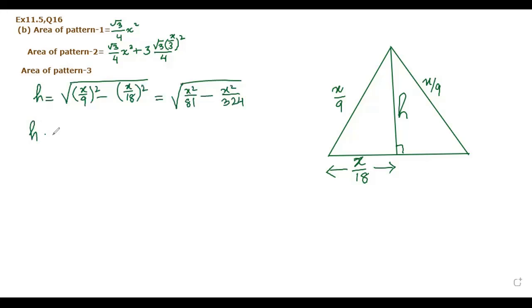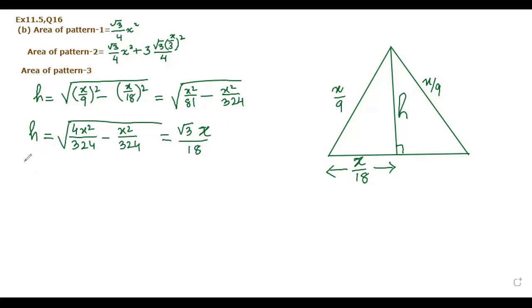So h will be equal to 4x square upon 324 minus x square upon 324. Finally this will become root 3 x upon 18, because the square root of 324 is 18. So this is the height of this triangle.